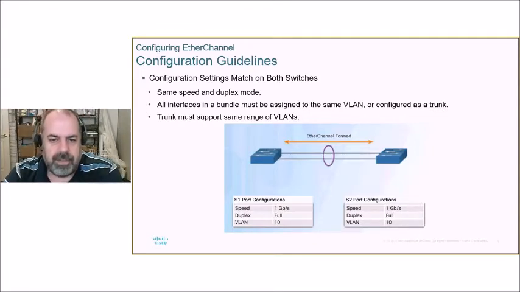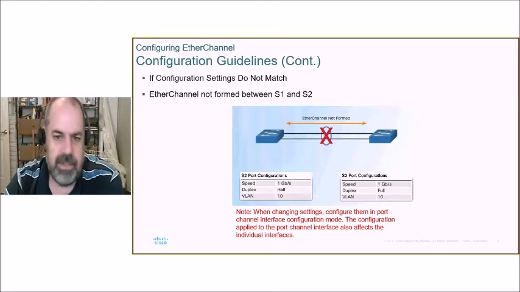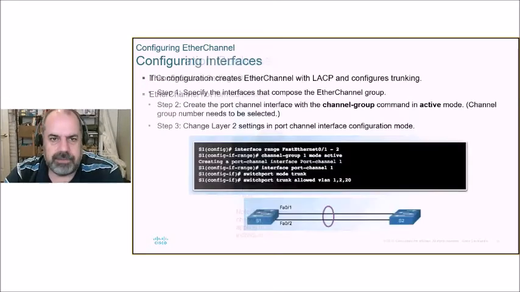As you can see from the diagram, the speeds are the same, the duplexes are the same, and the VLAN is the same. If any of those are different, so here the only difference is one end is half duplex and the other end is full duplex, it will not happen. So yes, you need to make sure that works.